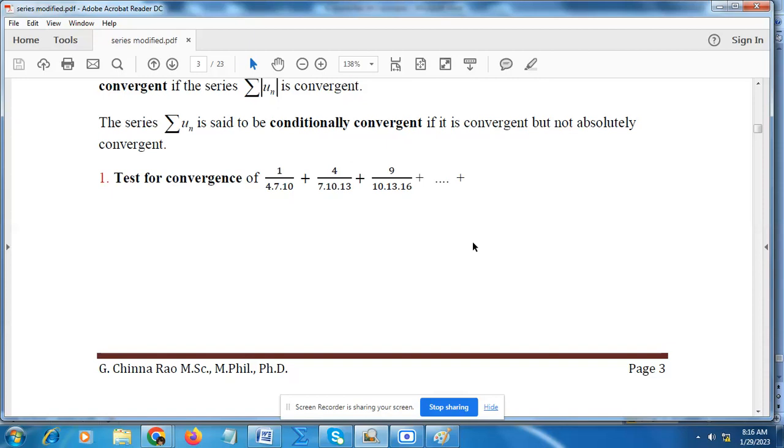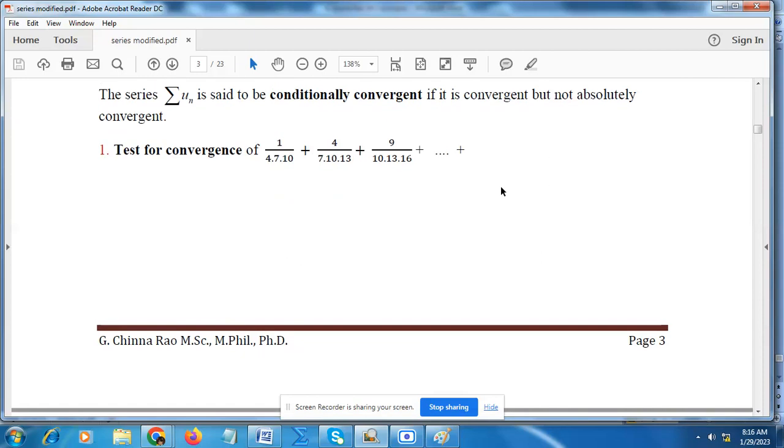Yes, we observe that this series has no variables. Then find out the nth term of this series. If you have the nth term in the series, that's no problem. Otherwise, you have to find the nth term.